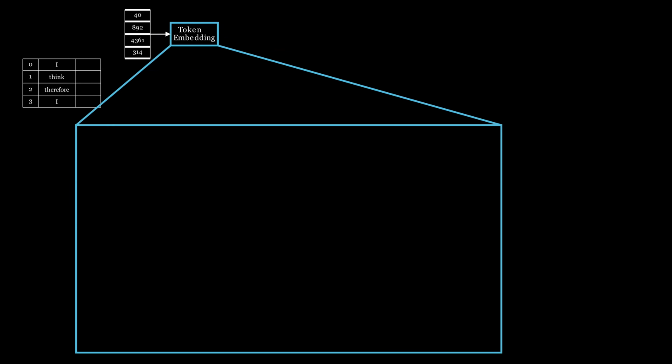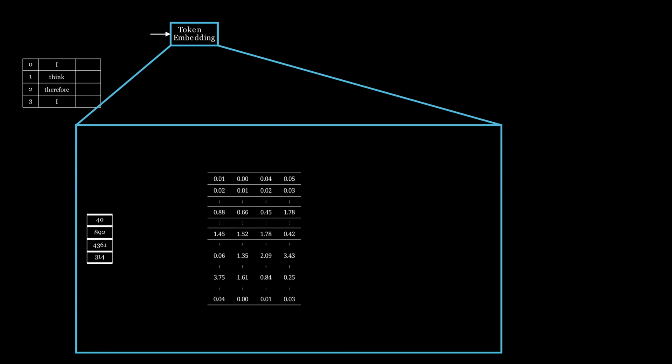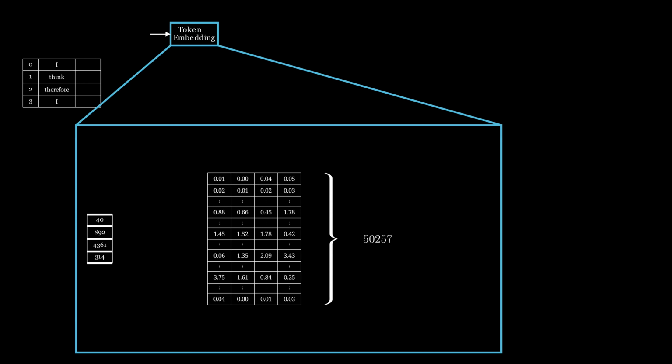So first, we pass these token IDs through a token embedding table. This is just a big matrix with size 50,257 by 4. One row per token in the vocabulary. And each row is a 4-dimensional vector. I'm using 4 dimensions here to keep it simple.